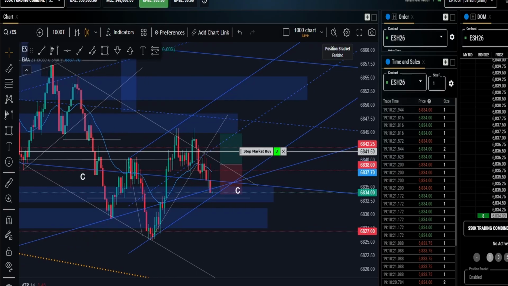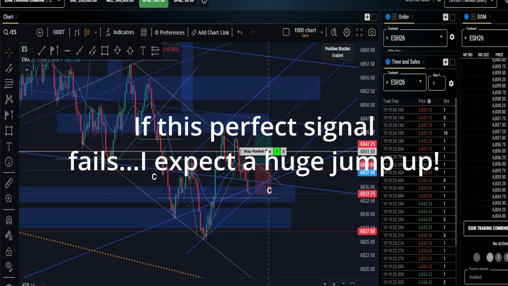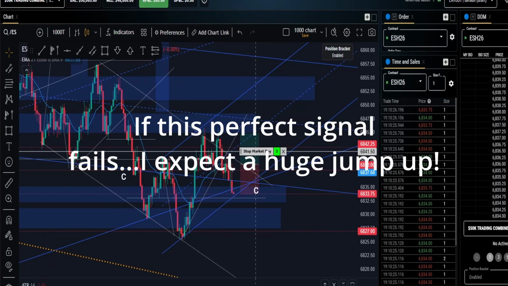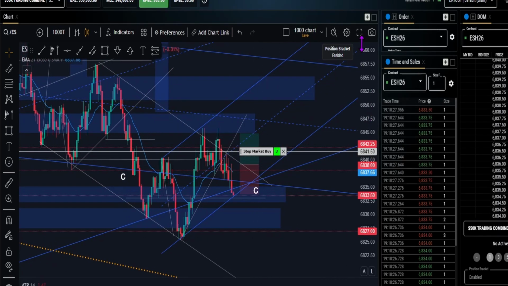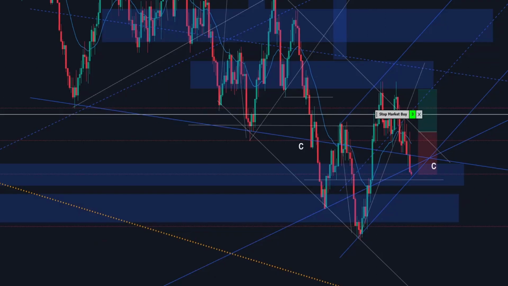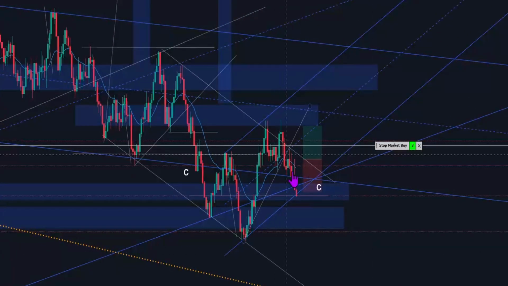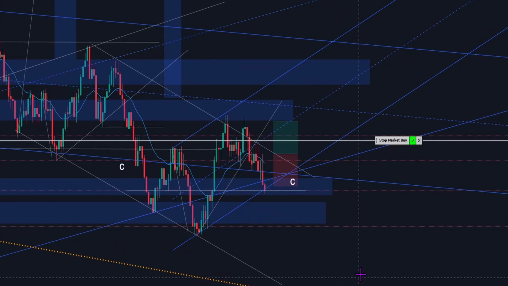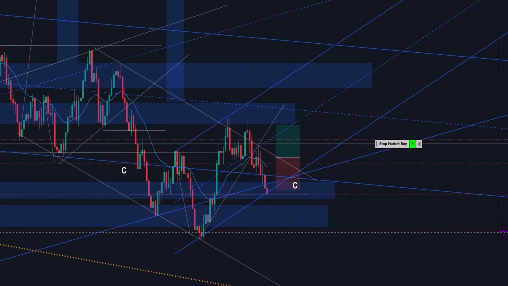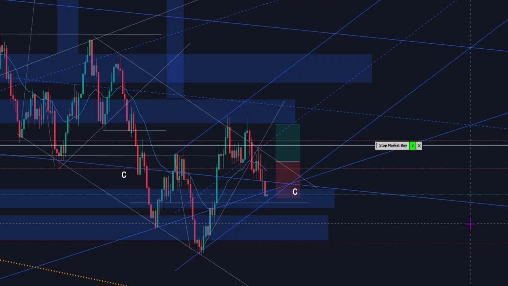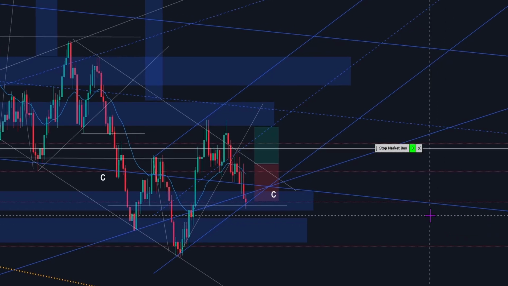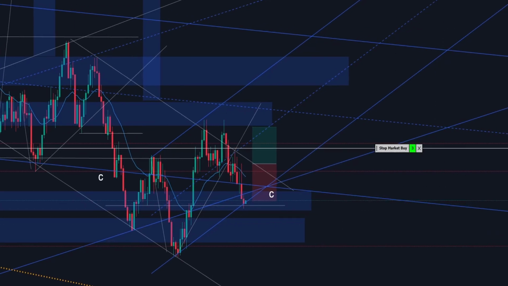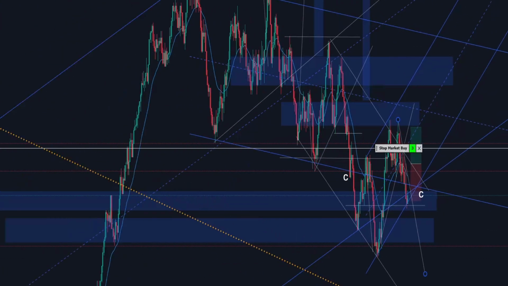Yeah, exactly. Oh, very nice signal. So now the question is, what's going to happen if this fails? It is going to jump like crazy because there will be so many stop losses here. And the question is if they get price back up to trigger the stop losses. That's a good question. And we have now a new trend line, which is this one. Yes, and look left.